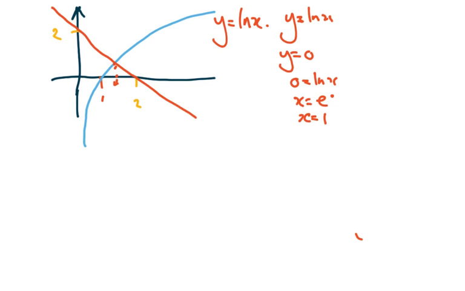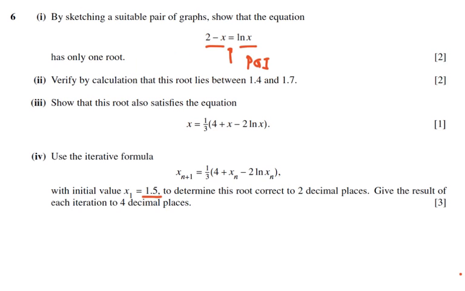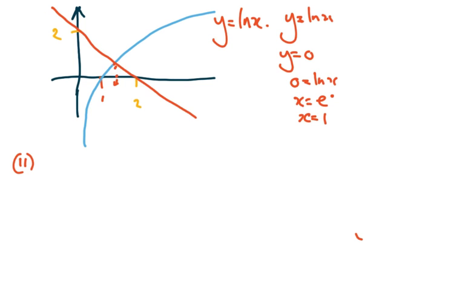Okay, that's part 1 done. Part 2, verify by calculation that this root lies between 1.4 and 1.7. So 2 minus x equals ln x, so ln x plus x equals 2, so ln x plus x minus 2.